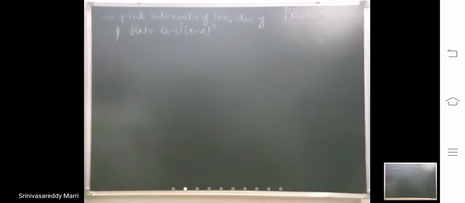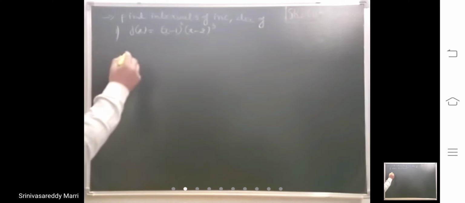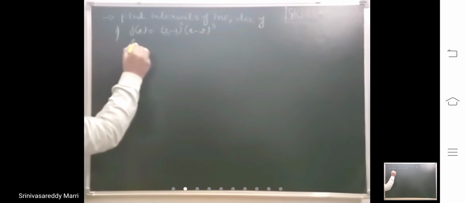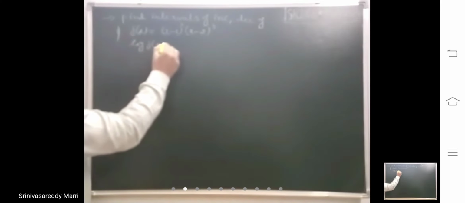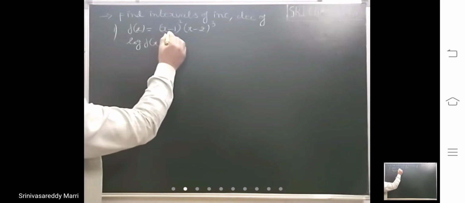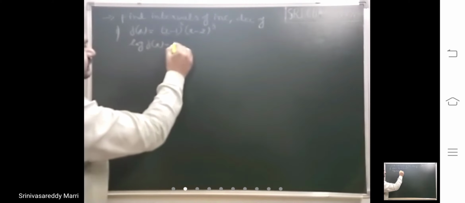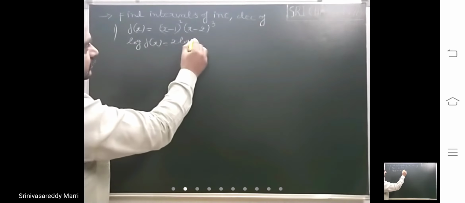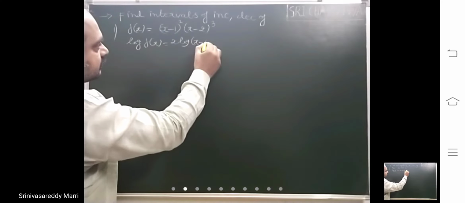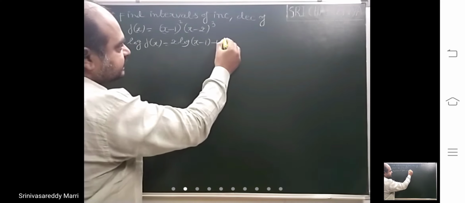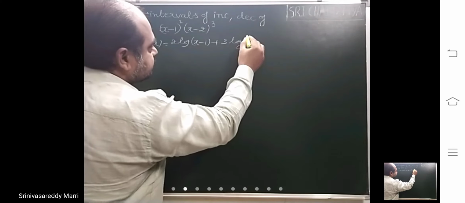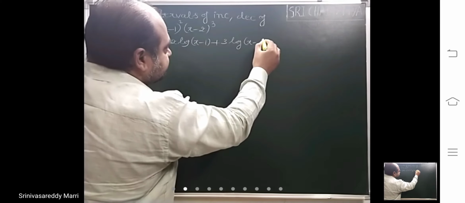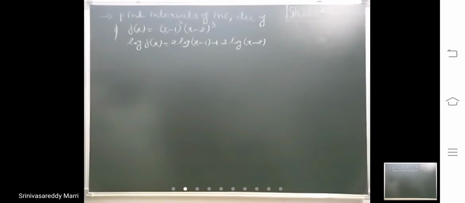That means I have to find f dash x. First I have to find f dash x. I am applying logarithm on both sides. Log f of x is nothing but log of this plus log of this: 2 log x minus 1 plus 3 log x minus 2, for doing the derivative conveniently.